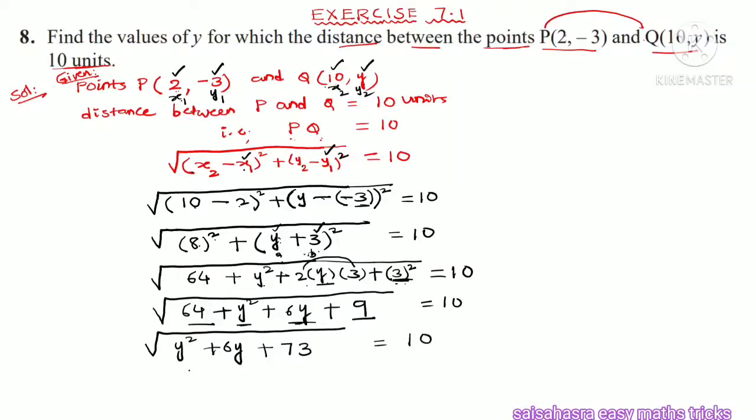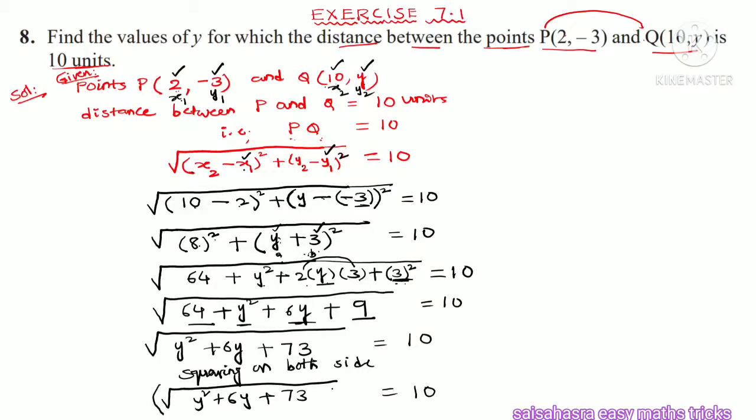So what I will do is square on both sides. If you square the left side, the square root will go. First let me write what is there: y square plus 6y plus 73 is equal to 10.